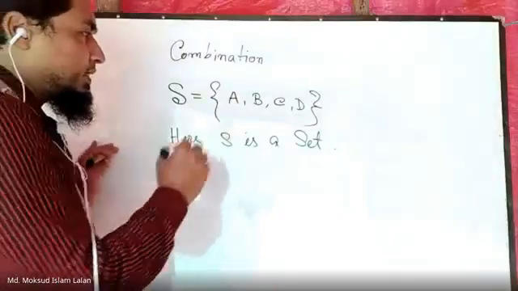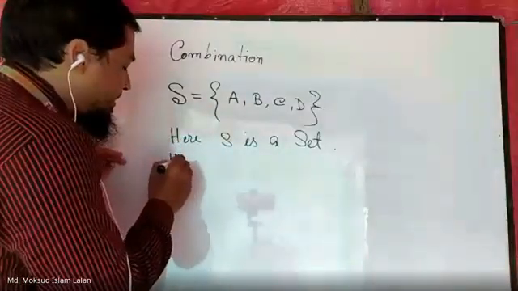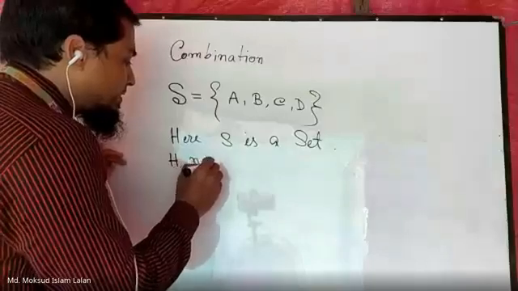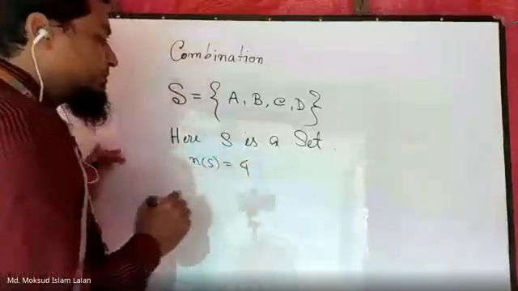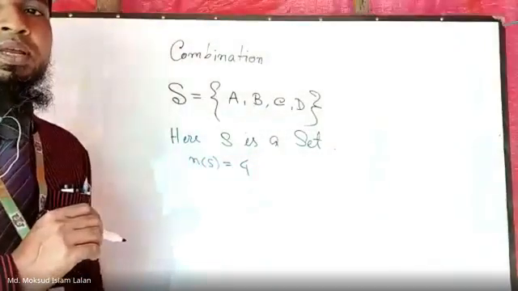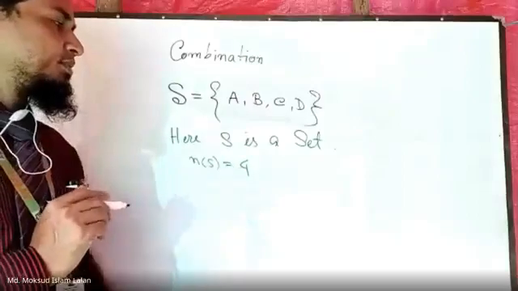How many elements are there, dear students? What will be the n of S? Four elements. So n of S is 4.